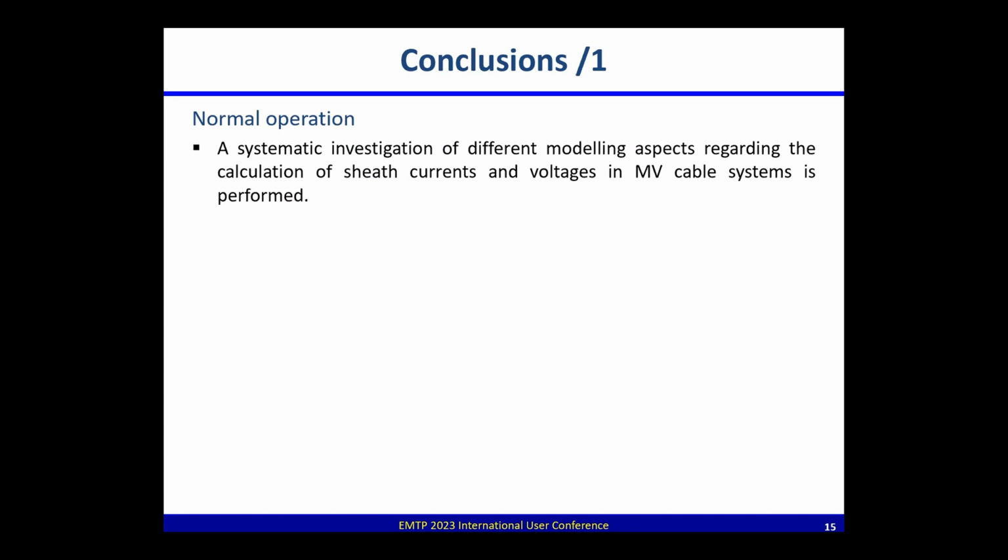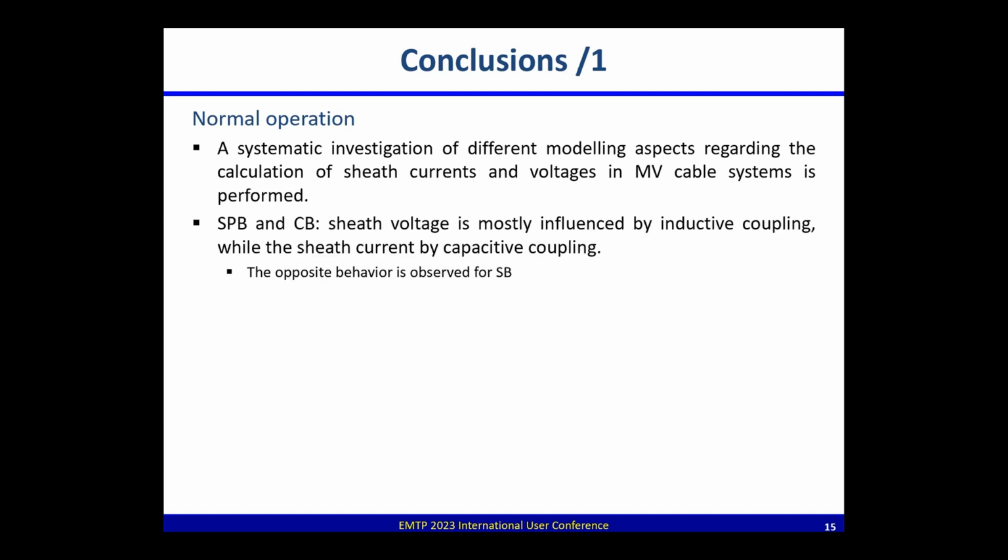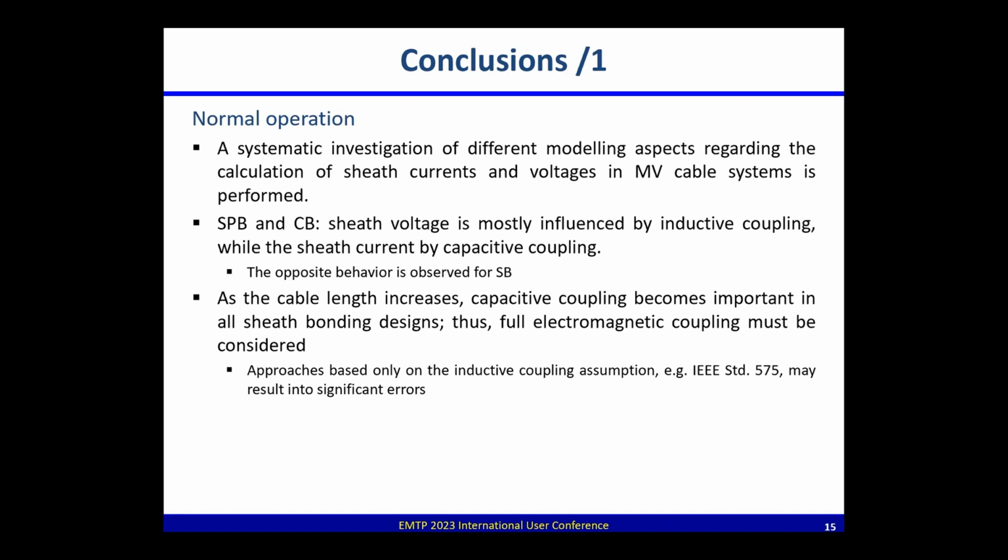And what we have seen from these results is that for normal operation, we have done a systematic investigation of different modeling aspects. For the single point bonding and the cross bonding cases, we saw that the sheath voltage is mostly influenced by the inductive coupling, while the sheath current by capacitive coupling. The opposite behavior is observed for the solid bonding case.